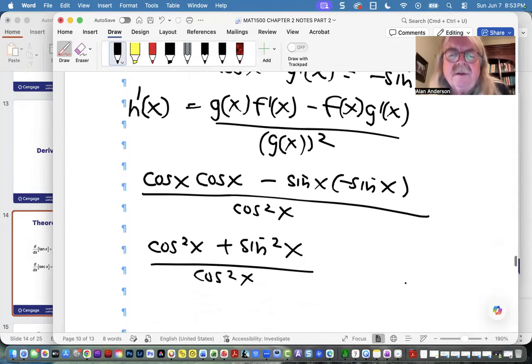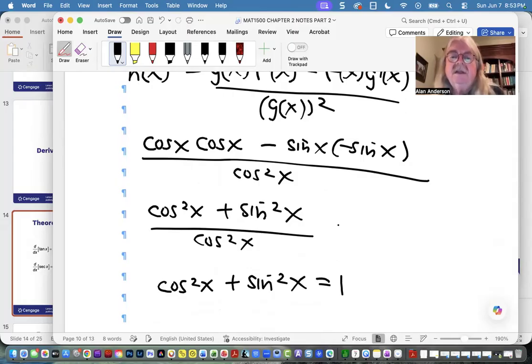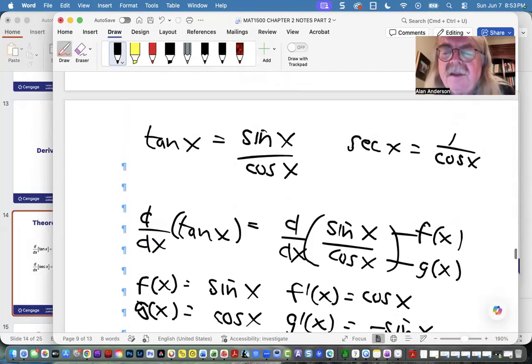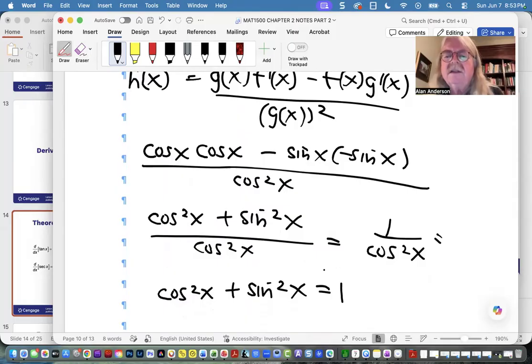You may remember, we reviewed this very quickly earlier on, that one of the Pythagorean identities is this. So we actually have 1 over cosine squared of x. And because the secant and the cosine are inverses of each other, that implies that this is nothing but secant squared of x.